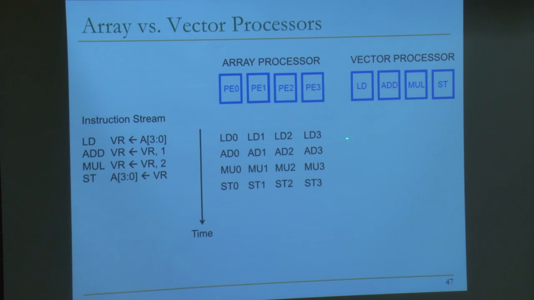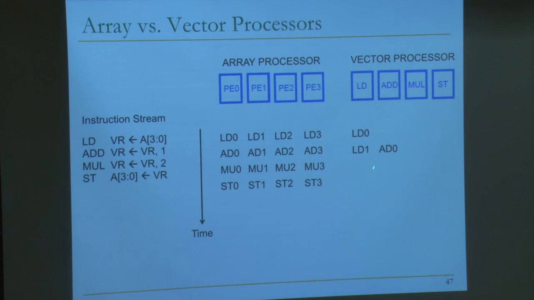How does this work on a vector processor? Now you're exploiting single instruction multiple data parallelism, right? Now think about this. You don't need to fetch 4 different loads here, right? You fetch one load, and that load operates on multiple data elements. Vector processor, the first load starts operating on the first element in the first cycle.